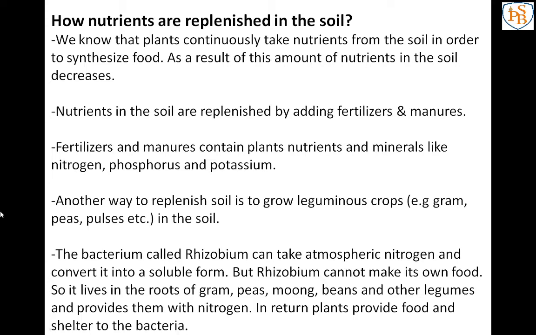Like that, when the plants continuously take the nutrients from the soil for making food, it decreases the amount of nutrients in the soil. If we want to replenish the nutrients in the soil, what we have to do, we will learn in this next point.